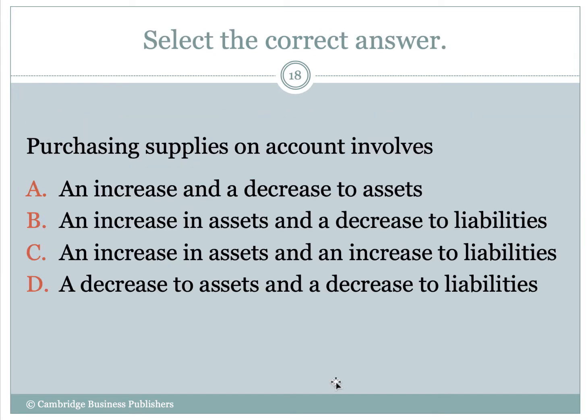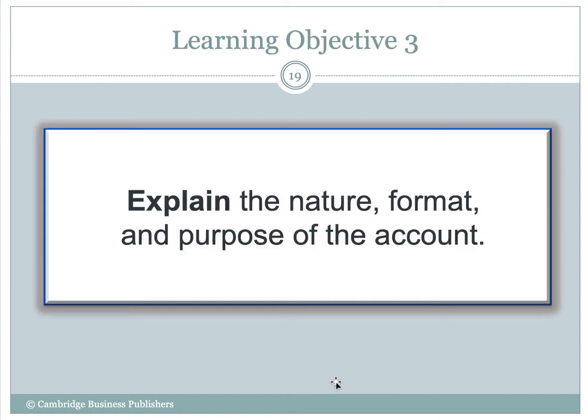Okay. So just kind of a quick check here. Purchase supplies on account. What accounts does it involve? Hopefully you said C, right? Because we are increasing an asset, our supplies, but we purchase them on account, so we're also increasing a liability.